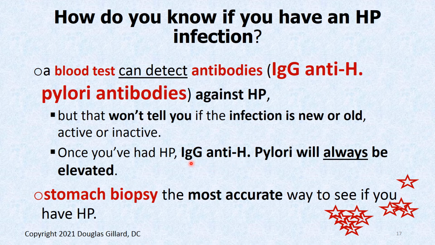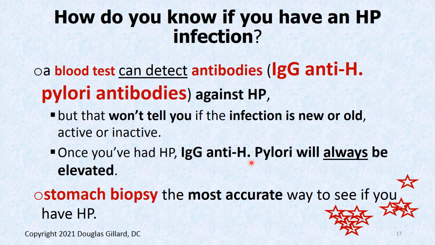So you might have this antibody present and not have a current infection. It could mean that you had H. pylori in the past, maybe it was treated, but you don't know if there's an active infection. All you know is that you once had H. pylori, if that makes sense.